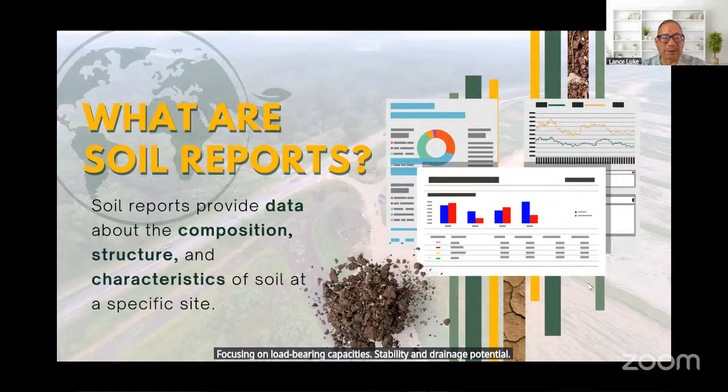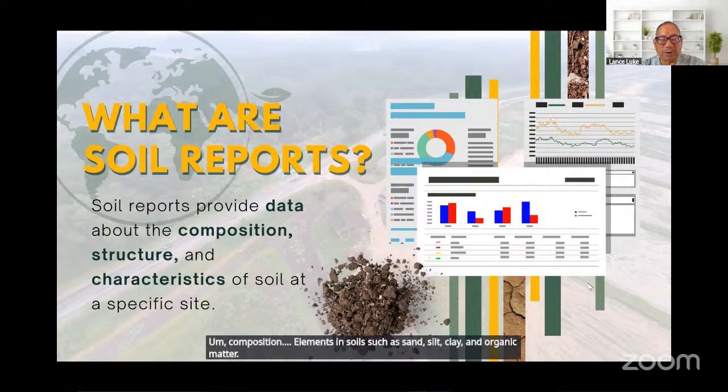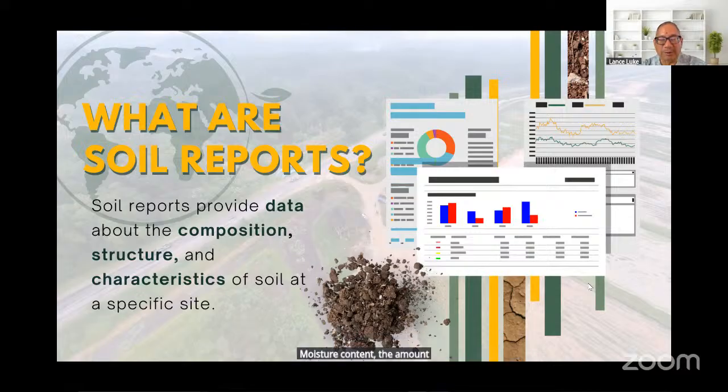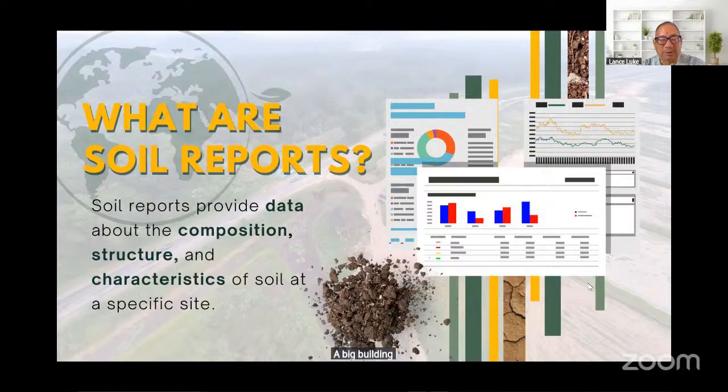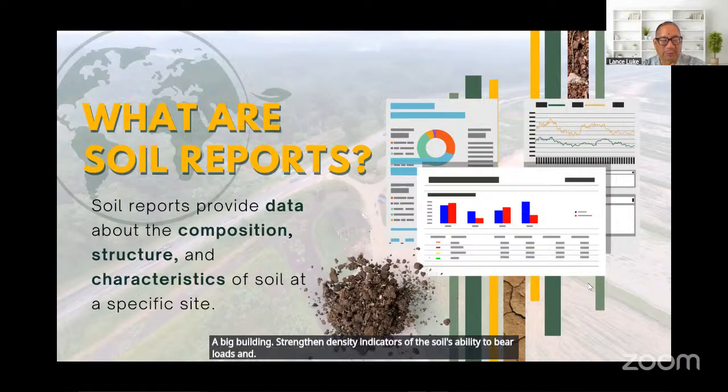The key data points we're going to cover: composition, the elements in soil such as sand, silt, clay, and organic matter; moisture content, since the amount of water present affects the soil stability to support weight, such as a building, a house, or a big building; and strength and density, indicators of the soil's ability to bear loads and resist shifting.